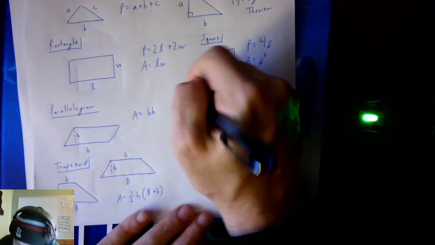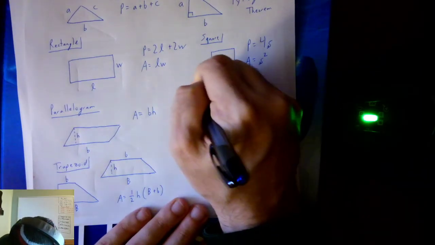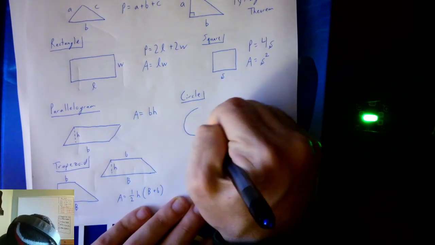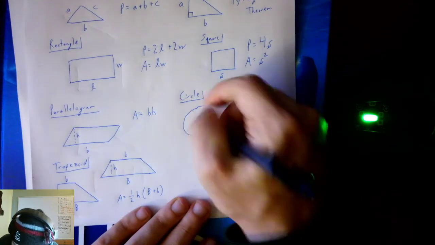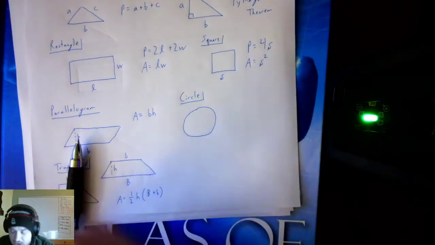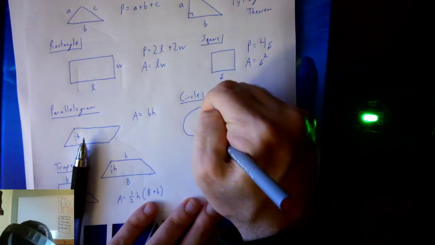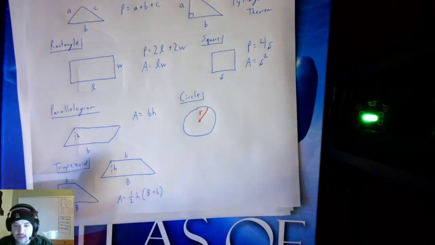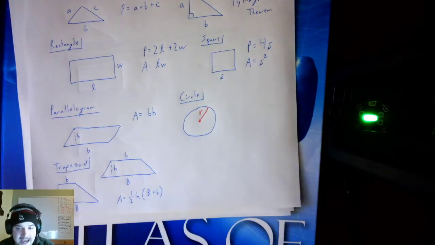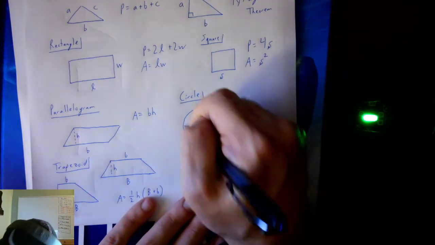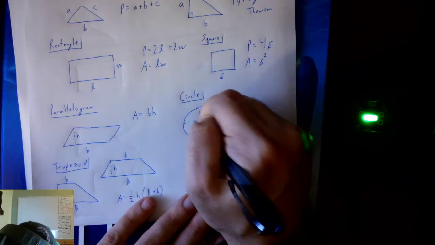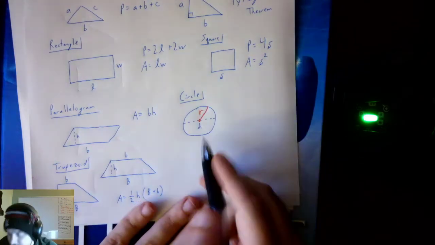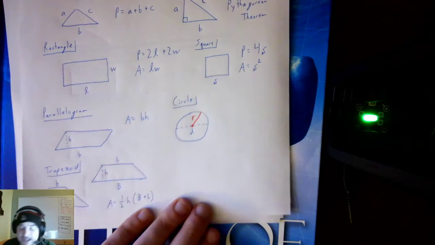There's one more we want to talk about, and that is for circles. Now circles have two possible measurements. The first I am going to draw in red. From the center to the outside edge is called the radius. Now, the whole way across is the diameter.